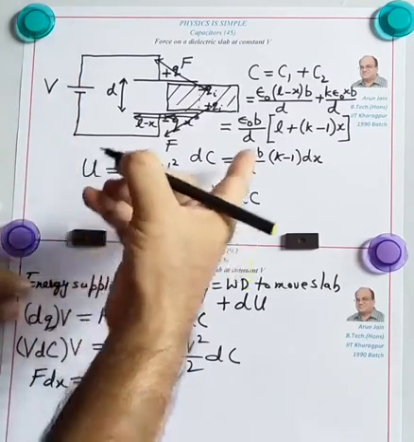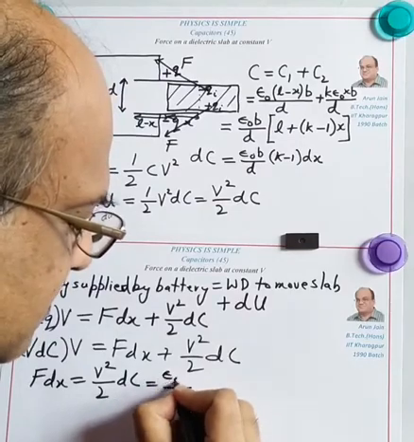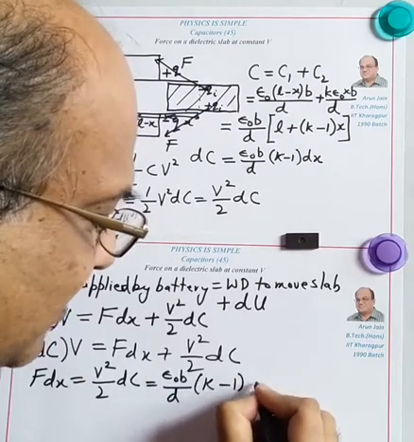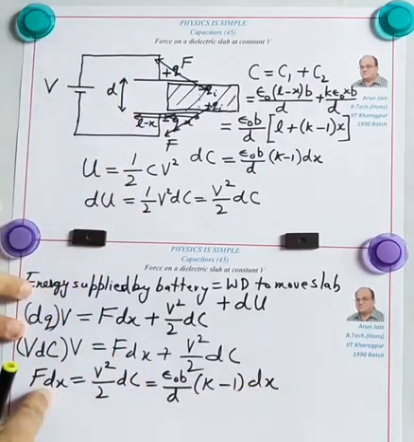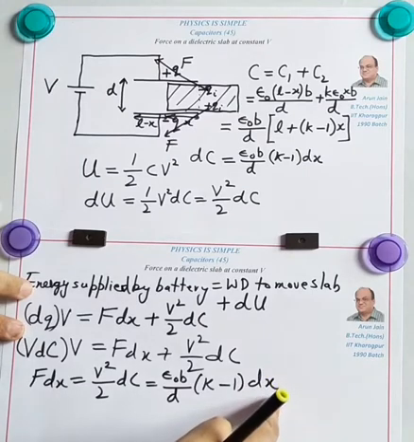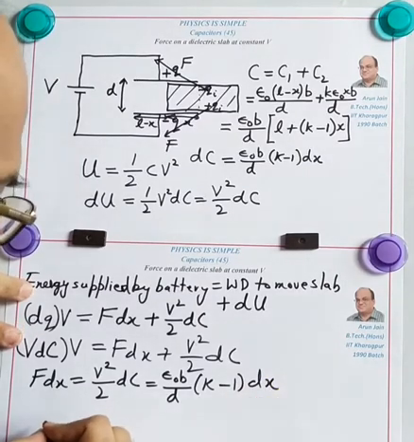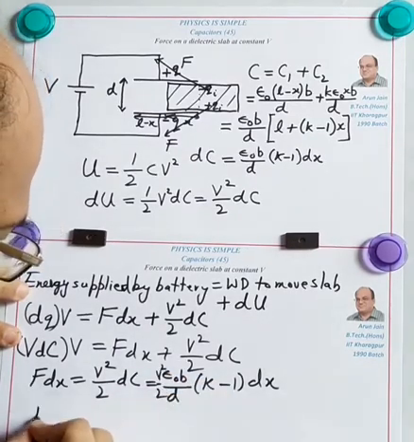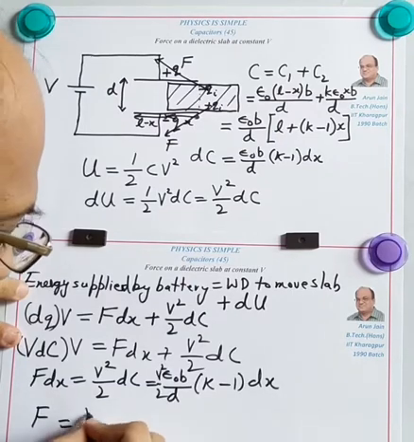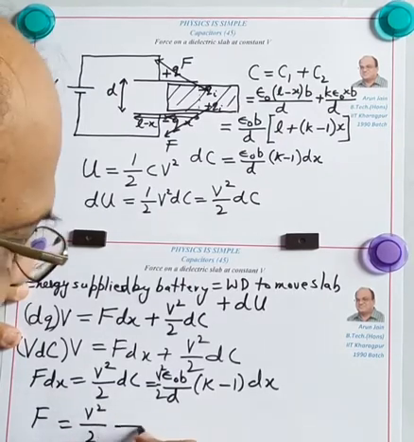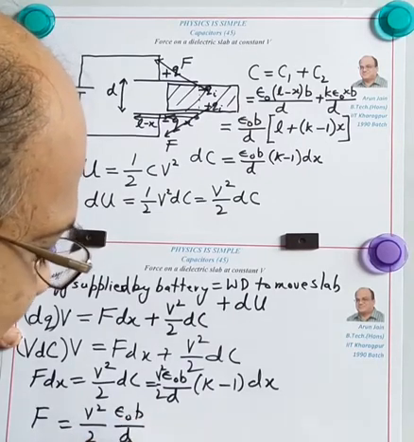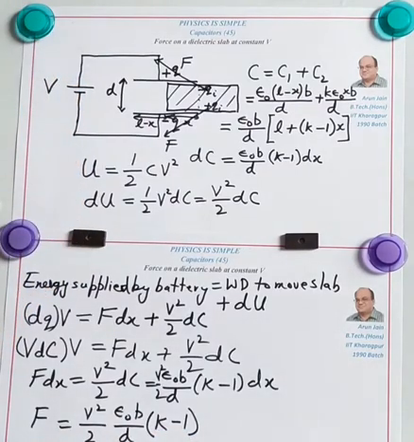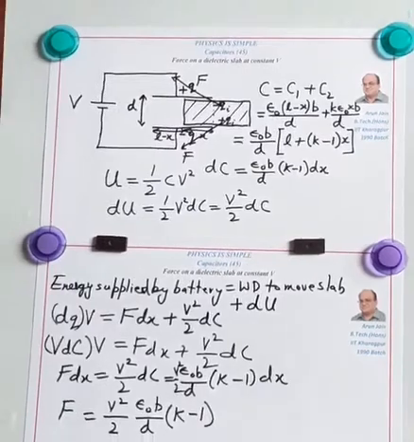And dC we know. dC is epsilon naught B by D into K minus 1 into dx. And if you look at these two equations, this dx and dx will cancel, and therefore this V square by 2 is there. So F becomes V square by 2 epsilon naught B by D into K minus 1, and this is the force, and this force is constant.